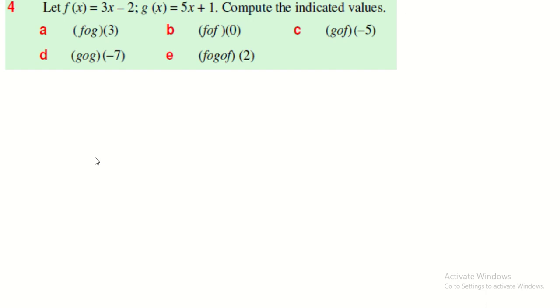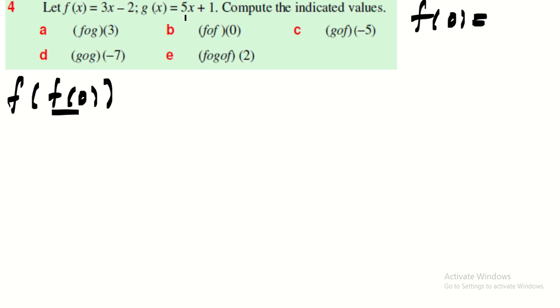Okay, let's continue with the second one. It says f of f of 0. F of f, we are going to compose the function with itself. So first of all, let's find f of 0. F of 0 means substitute 0 in place of x here. So it's going to be 3 times 0, then minus 2. 3 times 0 is 0.